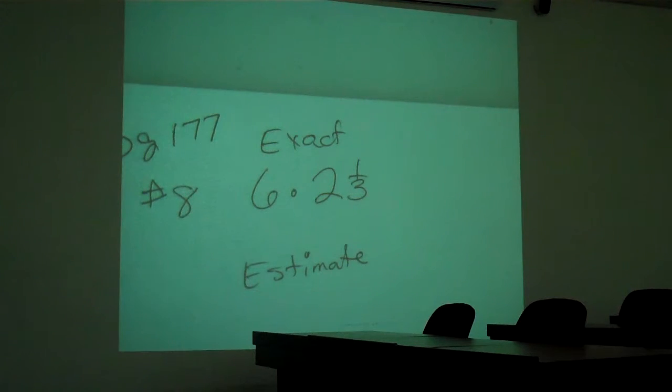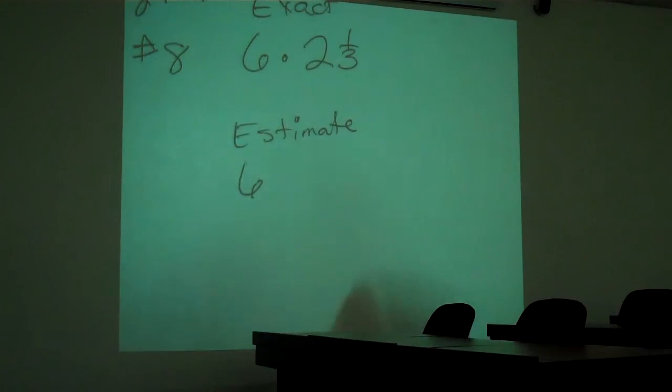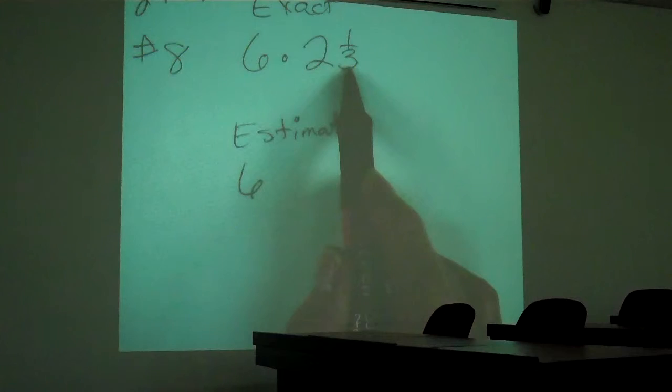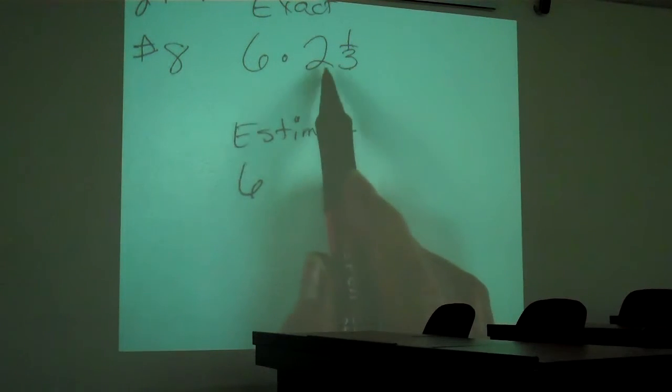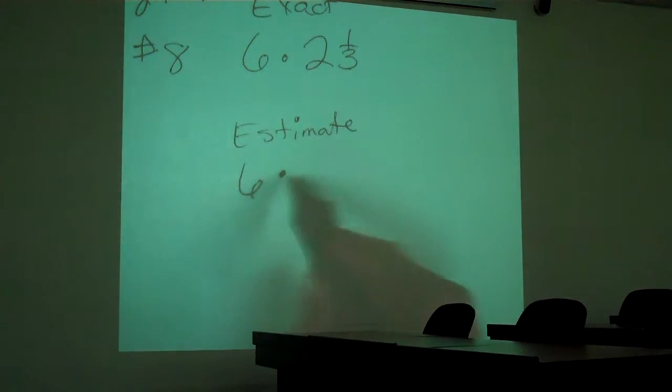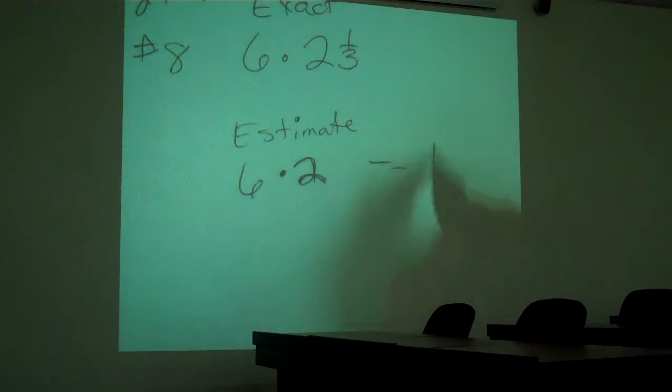If it's a half or more, go up to the next number. If it's not a half, just drop it off. On this, 6 would stay the same for your estimate. 2 1/3, the 1/3 is small, it's not even a half, so I would leave it at 2. So just do 6 times 2. Your estimate is 12.